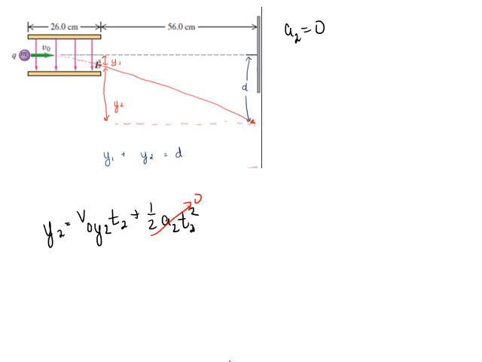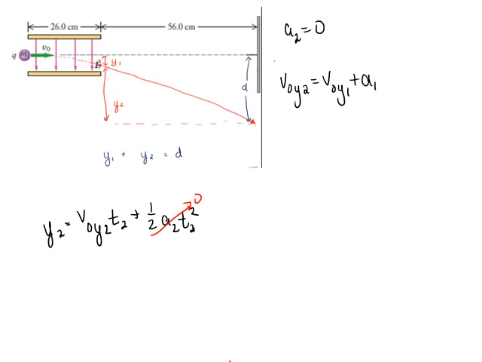Okay, what next? What is our v0y2? v0y2 is the y component of velocity when the charge leaves the area of the electric field. So v0y2 is equal to v0y1 when it starts in the electric field plus the acceleration times time.